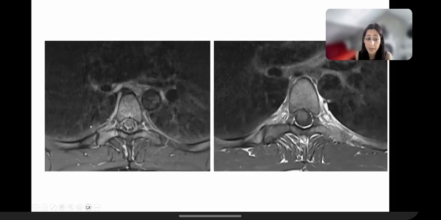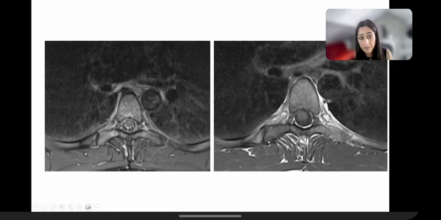Again, the axial images show the abnormality. You have an abnormality at the tip of the transverse process, and a lot of edema in the transverse process. Now, the costotransverse joint itself is normal. So we're not thinking this is anything inflammatory because there is no erosion. The joint itself is normal. There is just some abnormality at the tip.